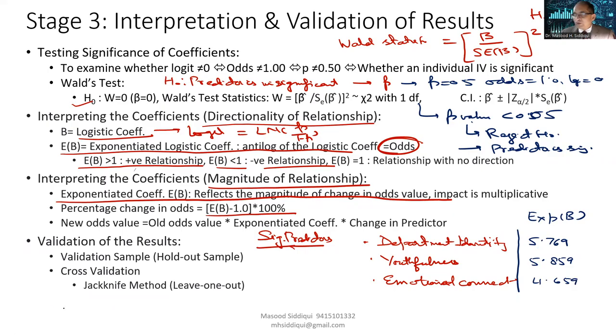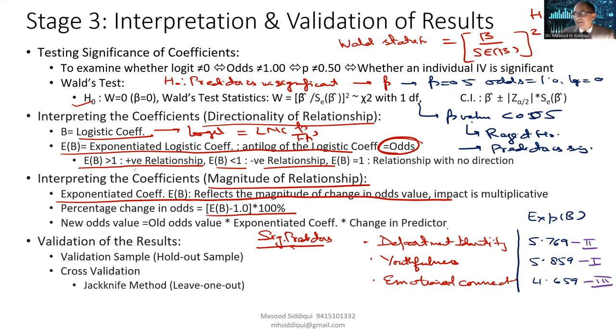And this is 4.65. So if we compare these values, youthfulness is the most important predictor in affecting likeliness and dislikeliness. Departmental identity is number two, and this is number three. But these two values are not much different.